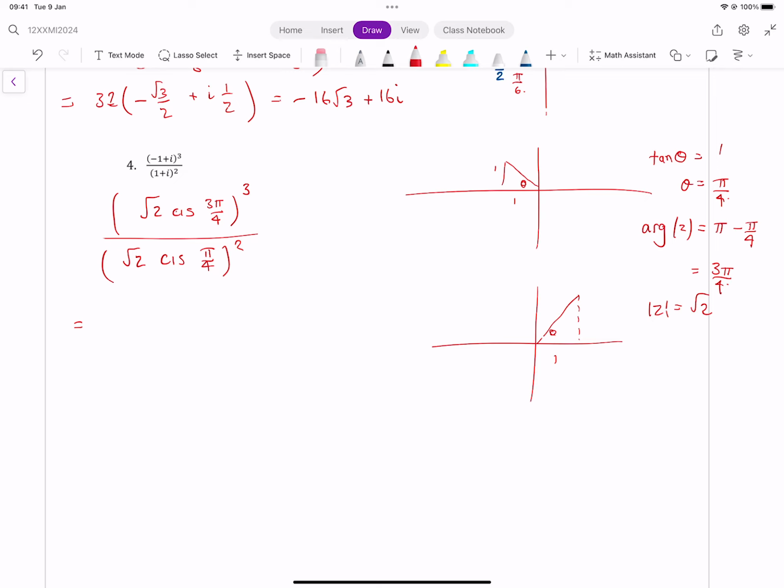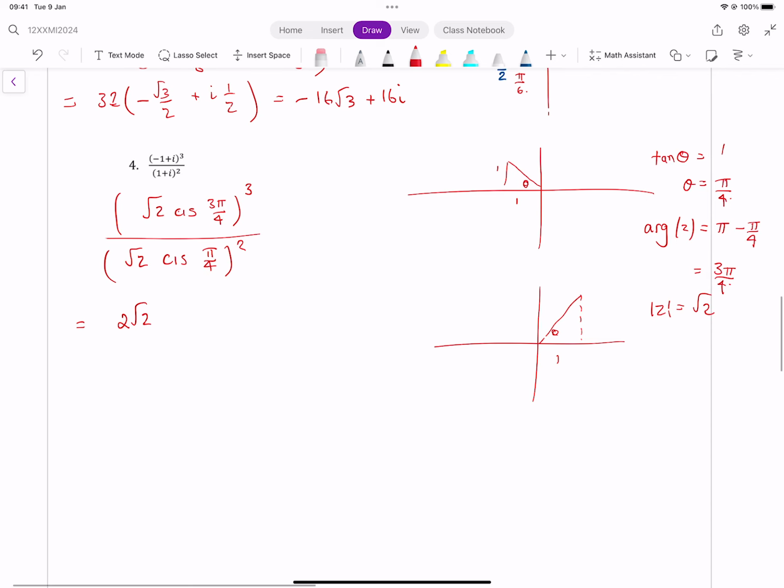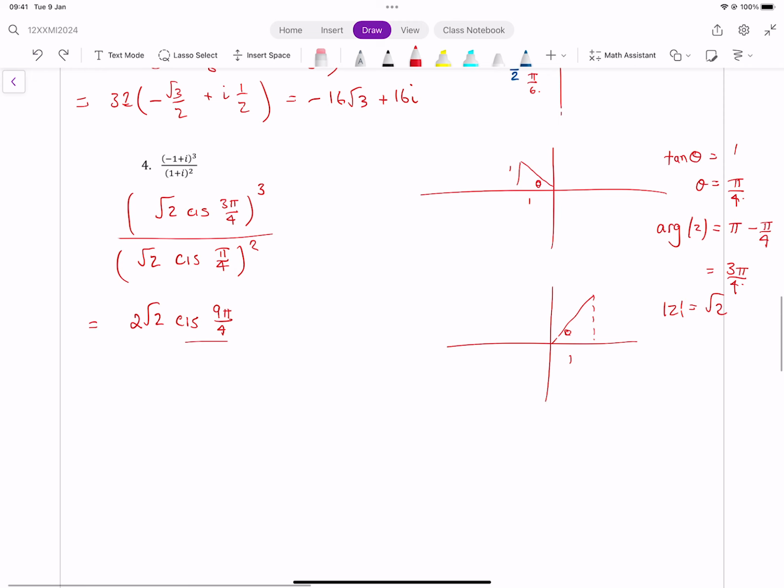So we're going to raise root 2 to the power of 3. Root 2 times root 2 is 2, multiplied by 1 more root 2, we get 2 root 2, cis of 9 pi on 4, since 3 on 4 times 3 is 9 on 4, divided by 2, since root 2 squared is 2, cis of 2 pi on 4, or pi on 2.